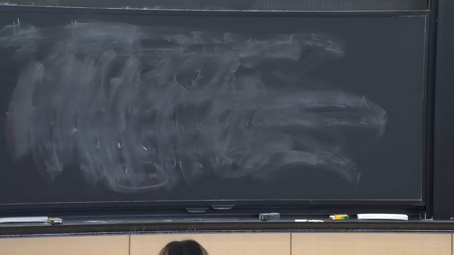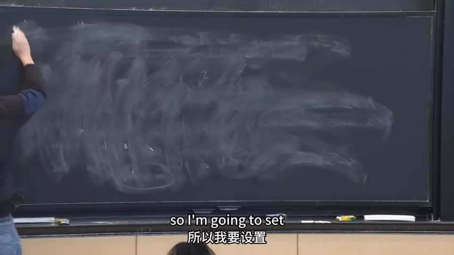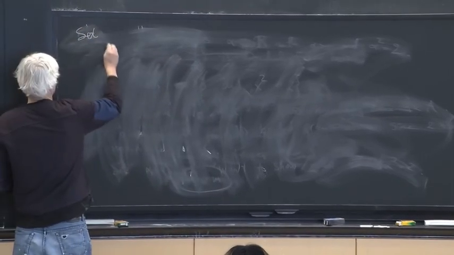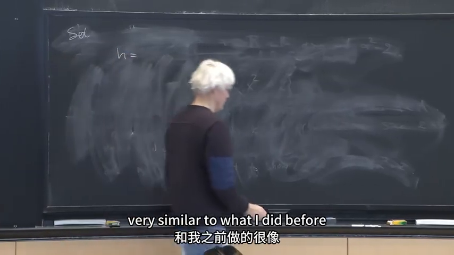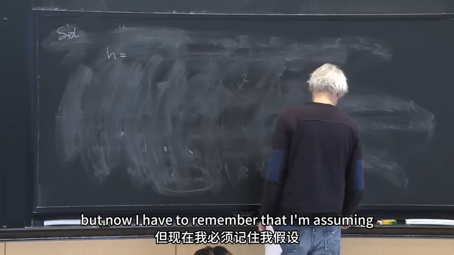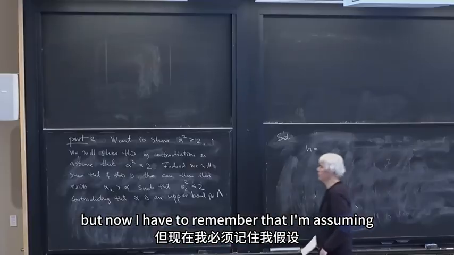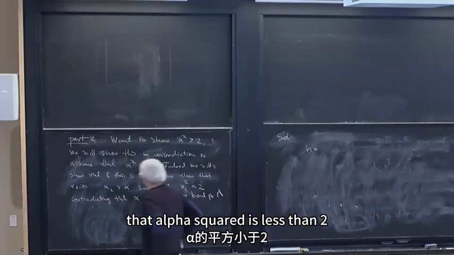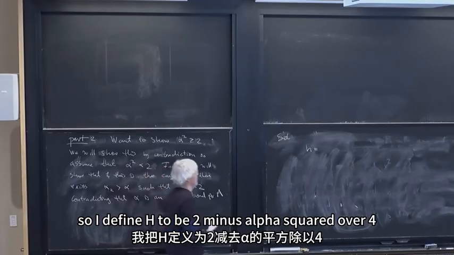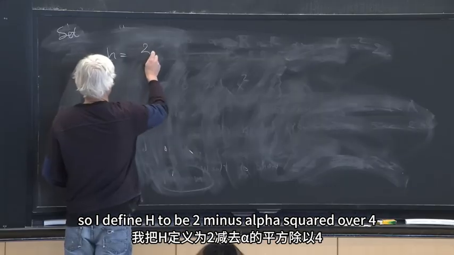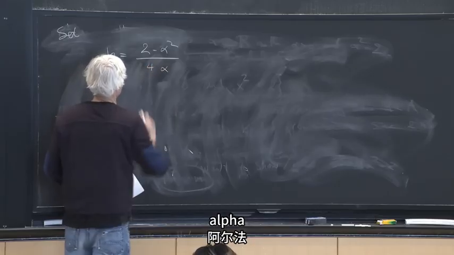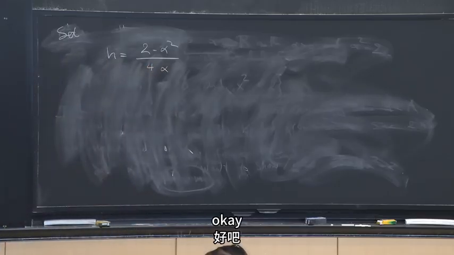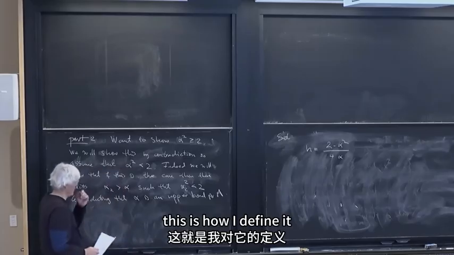Okay, so I'm going to set H again, defining it very similar to what I did before. But now I have to remember that I'm assuming that alpha squared is less than 2. So I define H to be (2 minus alpha squared) over 4 alpha. Okay? This is how I define it.